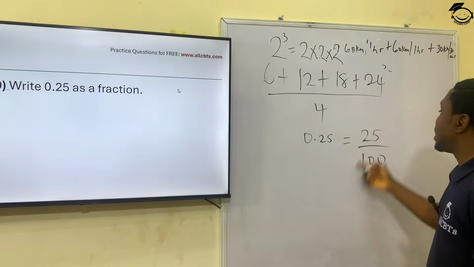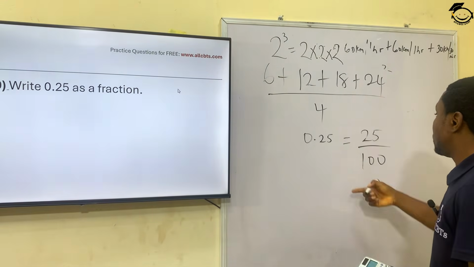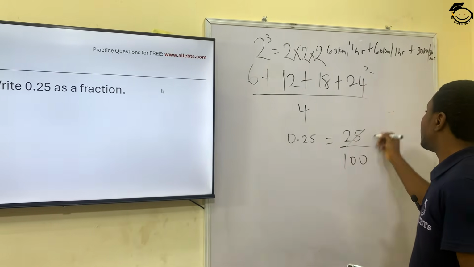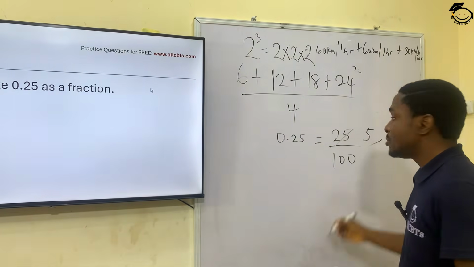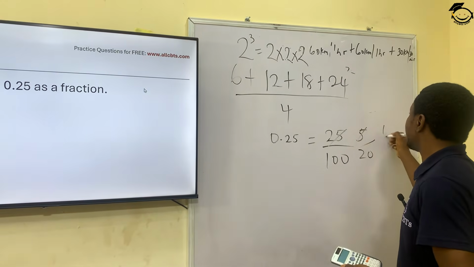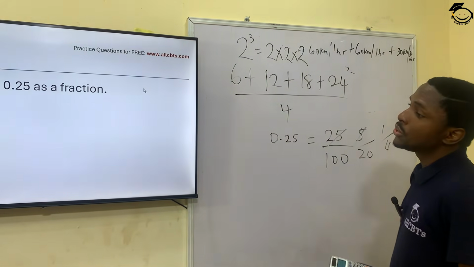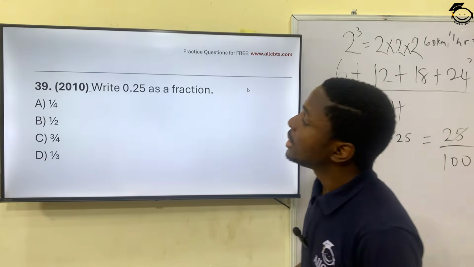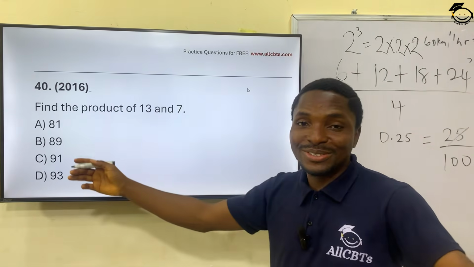So over 100. Then you can now divide. You can break it down. So let's say we use 5. 5 here, 5. 5 here, 20. Again, 5 here, 1. 5 here, 4. So your answer will be what? 1 over 4.